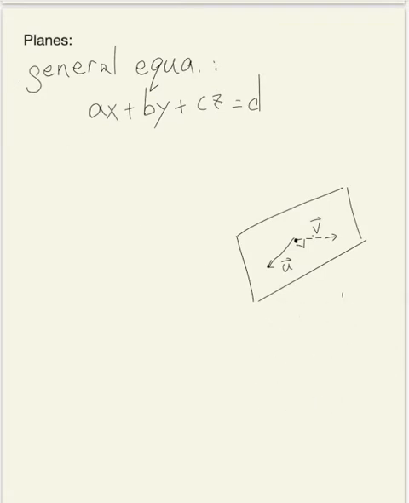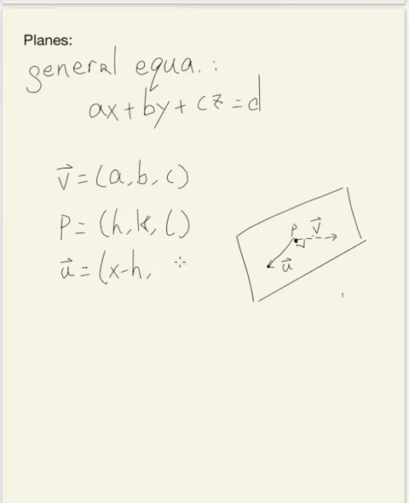Let me write this in the middle so it's easier to see. Our V is (a, b, c), and our point P is (h, k, l). Then our vector U is (x minus h, y minus k, z minus l).